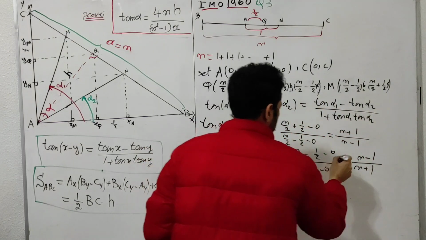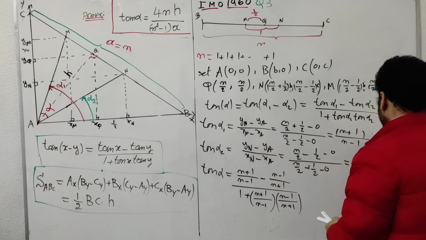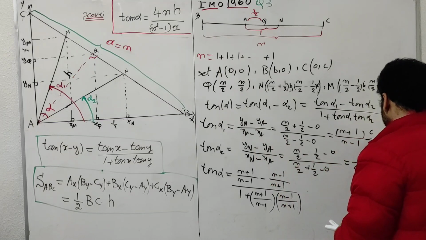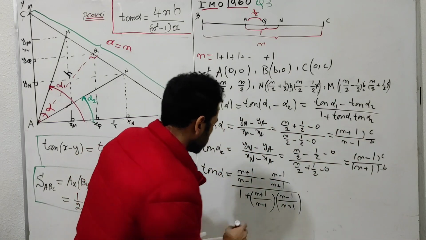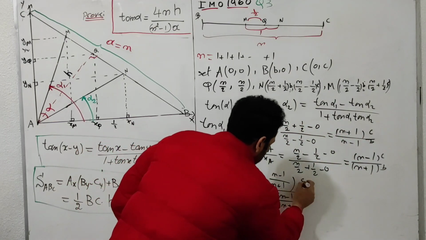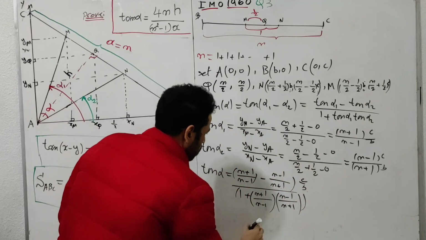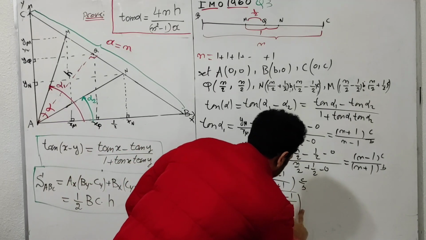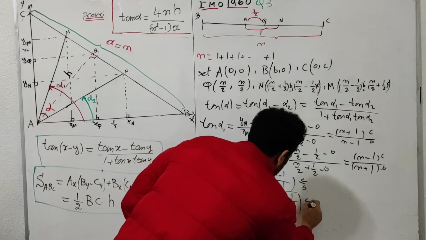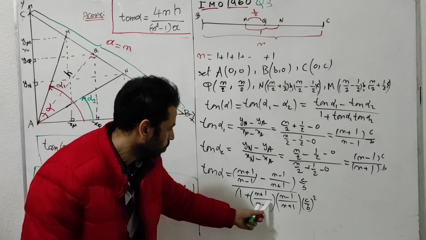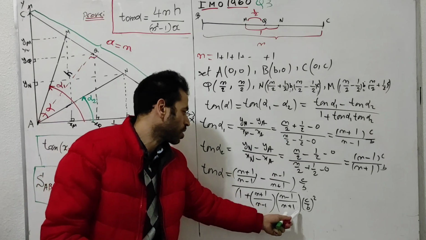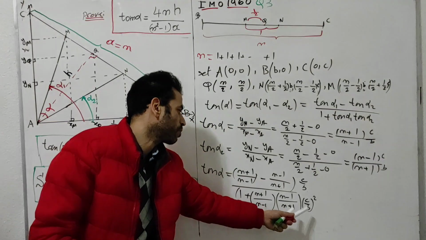So the same thing here, this one is multiplied by c over b, and the whole thing is multiplied by c over b. The first one is multiplied by c over b, the second one is multiplied by c over b, which is c over b squared.